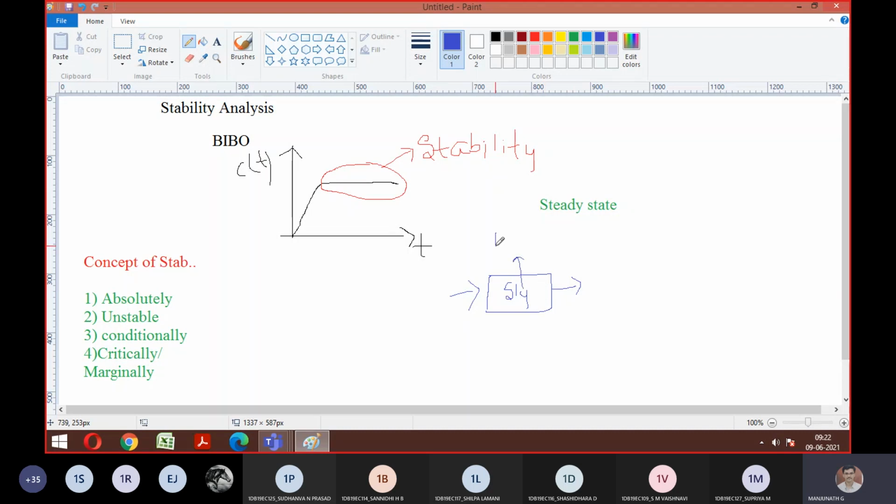We represent that as h of t in signals, input as x of t and output as y of t. So what does steady state mean? Just make a note and analyze this, because the steady state word comes in all four categories. Before knowing that, we understand the meaning of steady state, then we can go ahead.